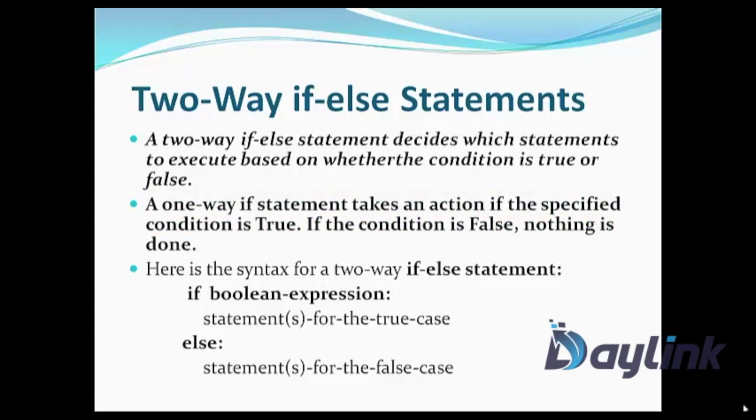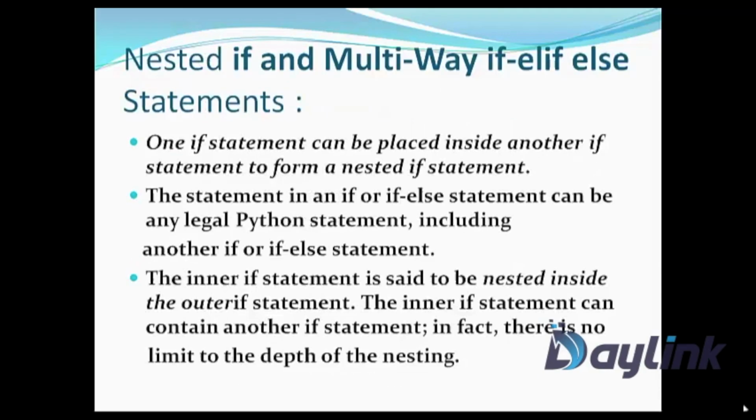But if you want to take one or more alternative actions when the condition is false, you can use a two-way if-else statement. Here is the syntax for a two-way if-else statement. First of all, we write if and the boolean expression, then write the statement, then else and write the statement.